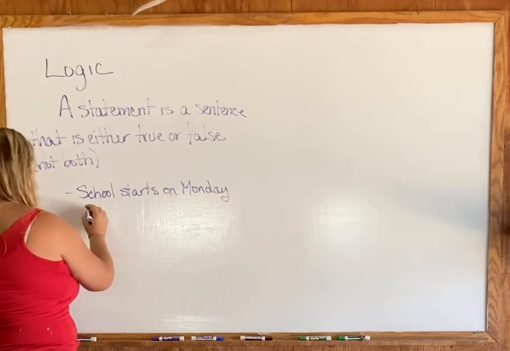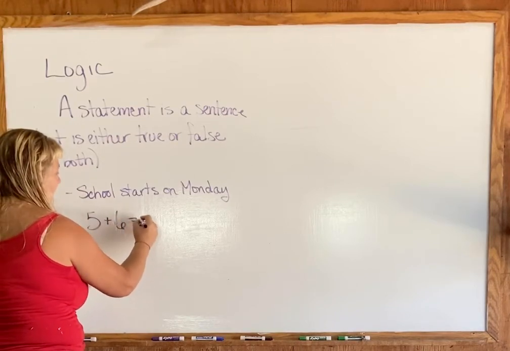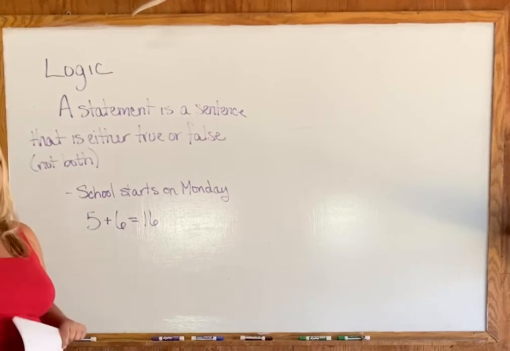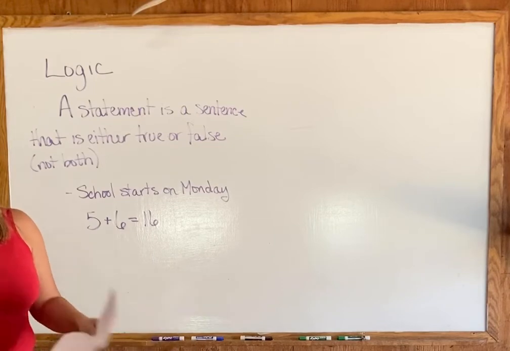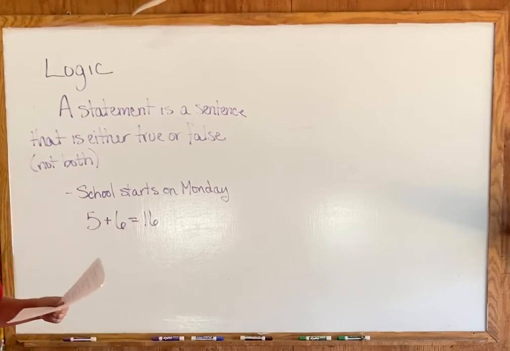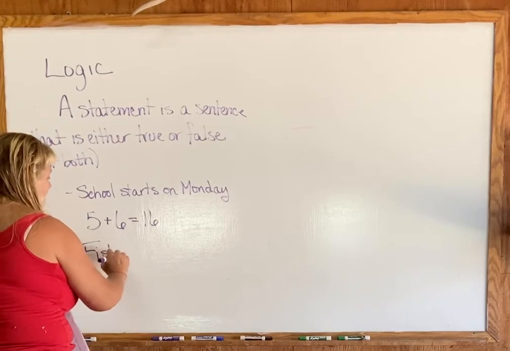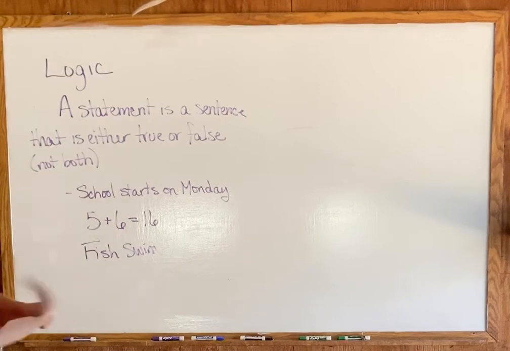They can be mathematical, so we might see something like 5 plus 6 equals 16. And remember what I said, they do not have to be true. So is 5 plus 6 equal to 16? No, but it's still a statement, okay? It's a mathematical statement. Another one might be fish swim, okay? Fish swim, it's a statement. In this case, it is true, okay?